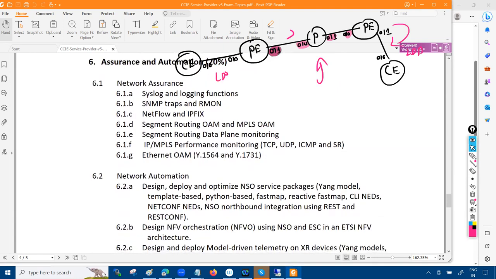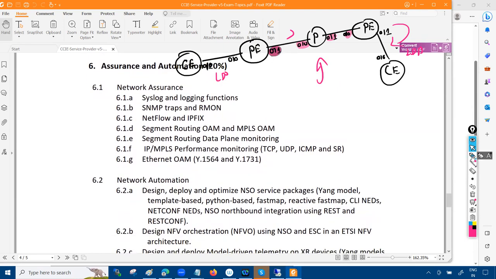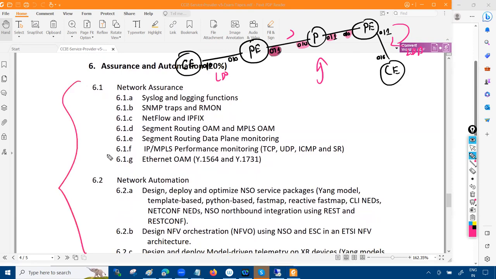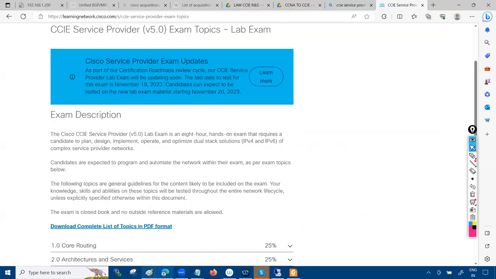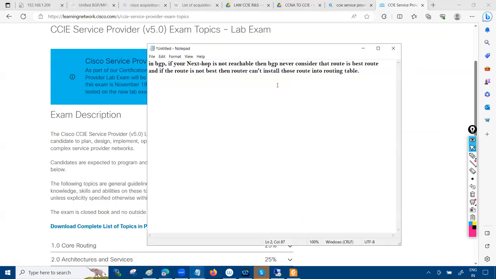And then last, we have automation. So all the training and all the practicals that we are going to do will be on IOS XR, XE and IOS, so that you can easily correlate things, which one is good, which one is bad, and how the configurations differ from each other.